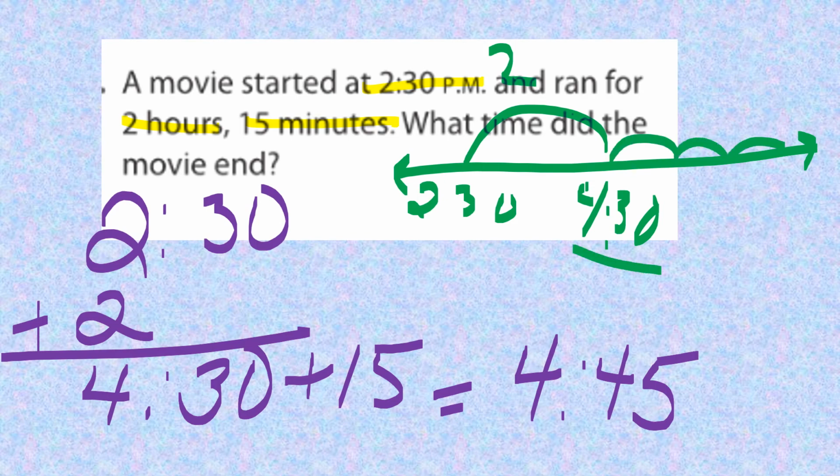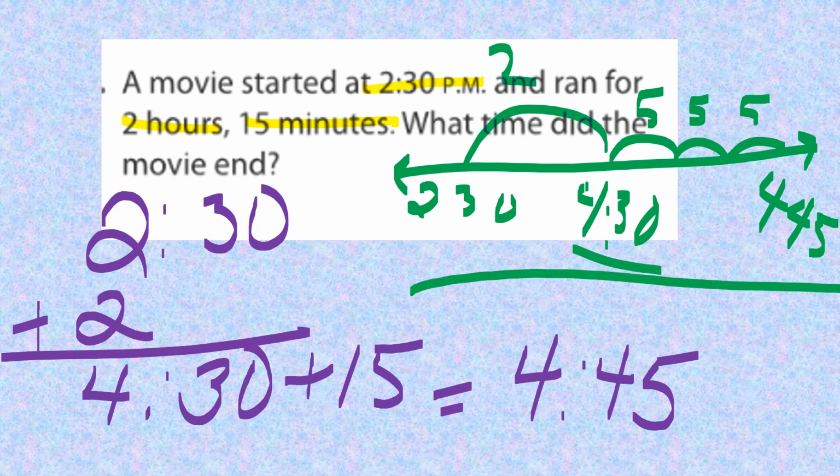So I have 4:30, 4:35, 4:40, and then leaving me at 4:45. Both of them work and just different types. The number line is best, especially if we know we're going from maybe our minutes are at 45 and then we're going to wind up going into like maybe an 05 or something to that extent.